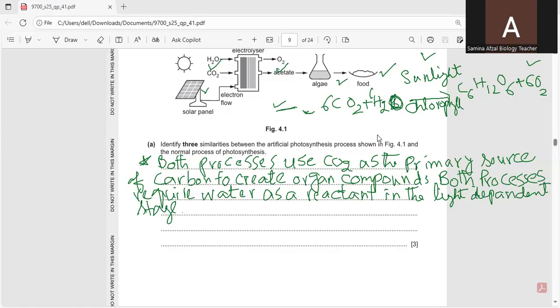And in both processes, oxygen is produced.